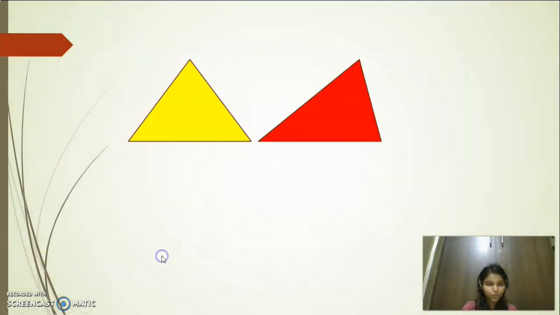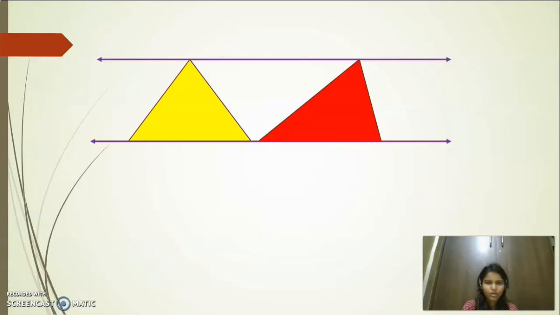Let us consider two triangles first, this yellow and a red one. Now let us try to draw two parallel lines, 1 and 2. Can you all tell me, students, are these two triangles lying between these two parallel lines? Yes, they are lying between these two parallel lines.